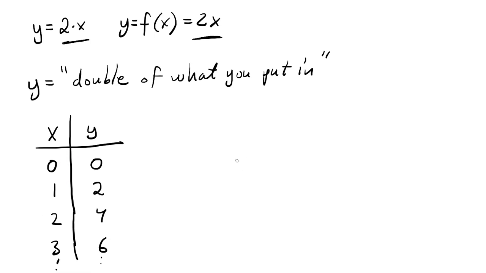We can also describe a function in terms of a picture. For example, if I have the x's here, so these are the x's I'm allowed to put in, and then the y's I can get out.